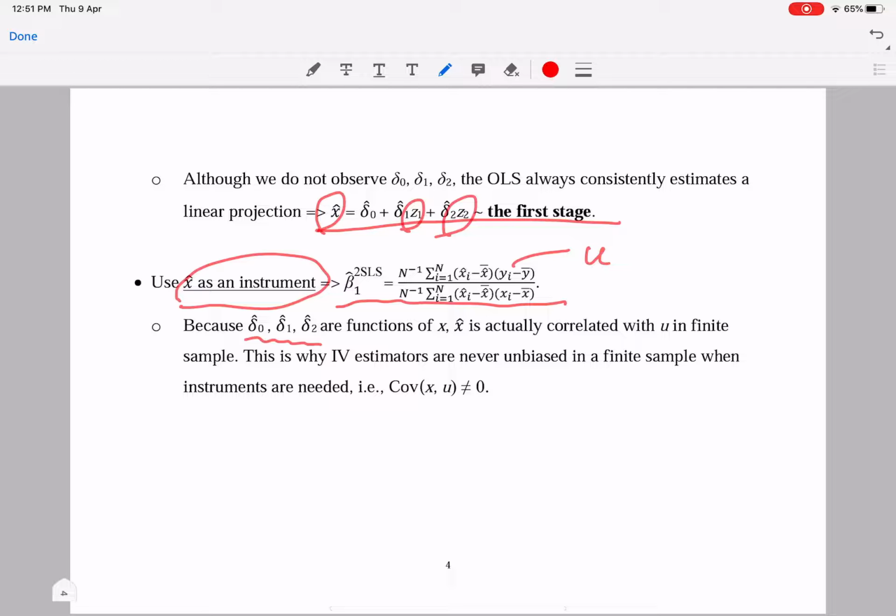That's why IV estimators are never unbiased in finite samples. If your x is endogenous, then you need the IV, but because delta hat is also a function of x, and x is correlated with the error term, your IV or two-stage least square estimators are never unbiased in finite samples.